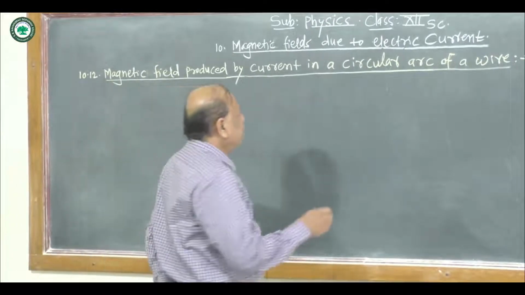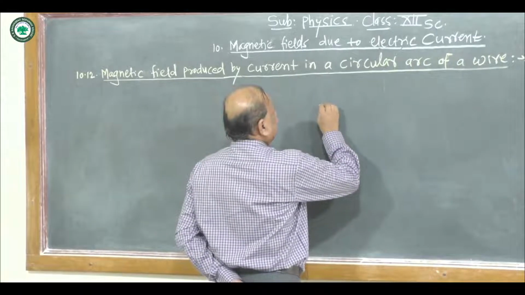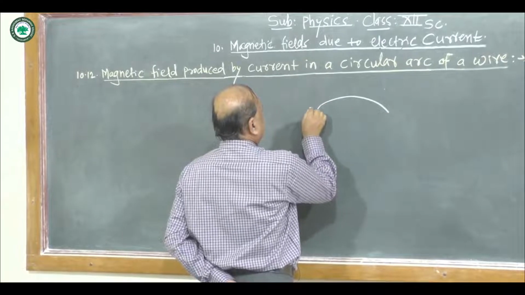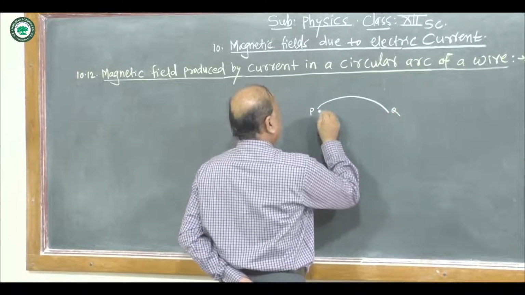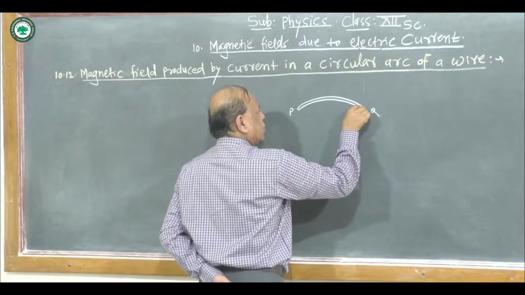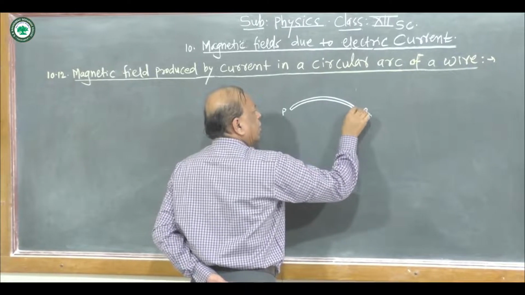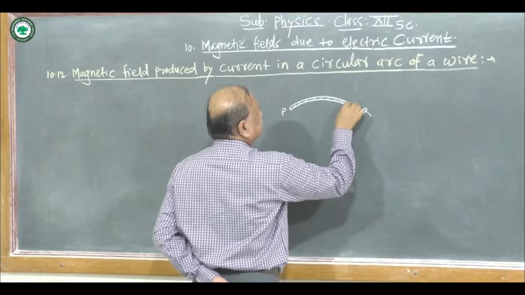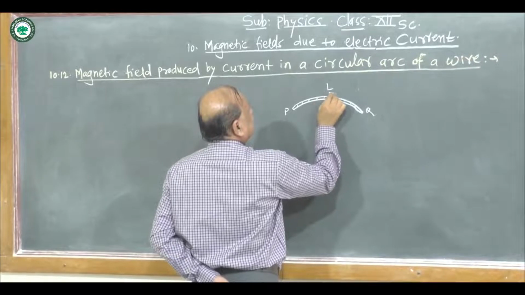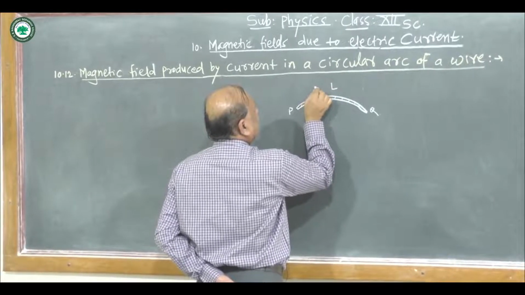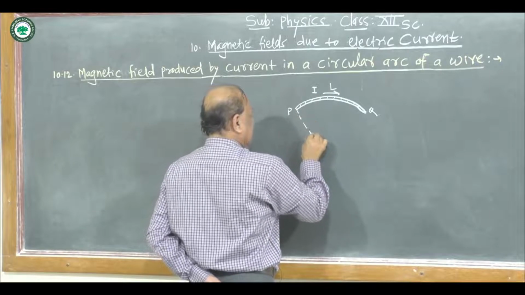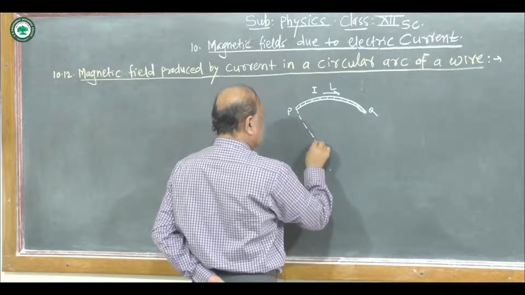For simplicity, we consider a circular arc PQ of length L, with current I flowing through this conducting wire.